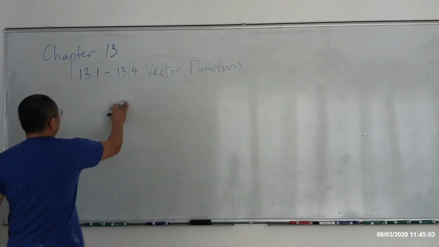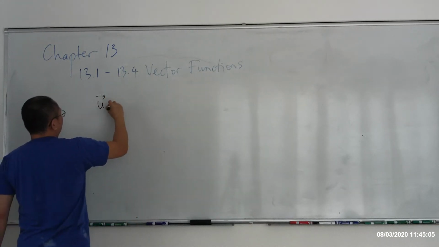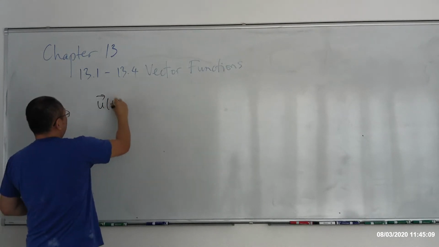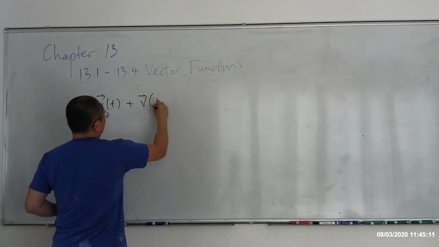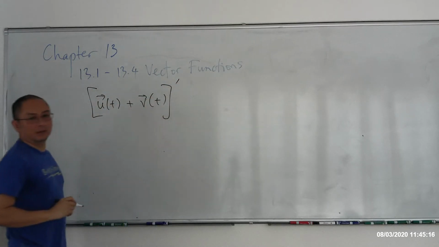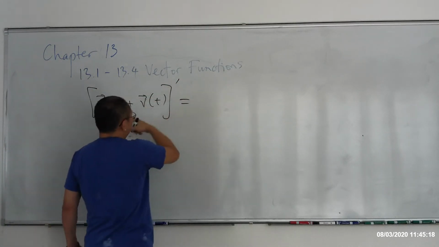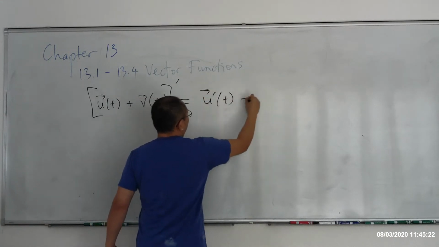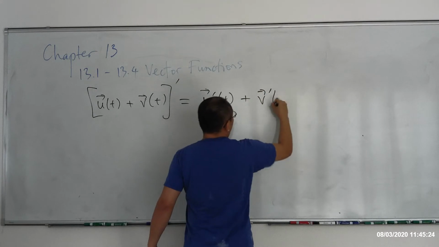So say if you have vector u plus vector v, written with the variable: u(t) plus v(t), and then you take the derivative. It's a sum, right? The derivative of the sum equals u prime(t) plus v prime(t).